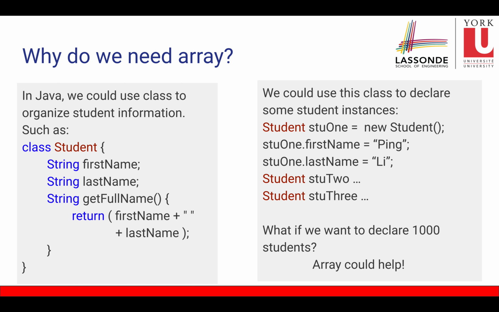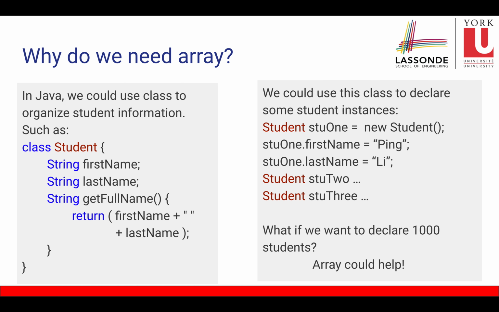Why do we need arrays? In Java, we could use a class to organize student information, such as class Student, with attributes first name and last name, and a method getFullName, which returns the first name plus last name.